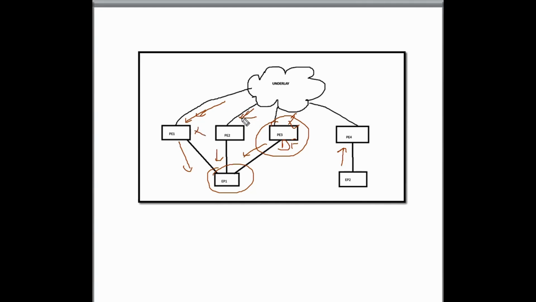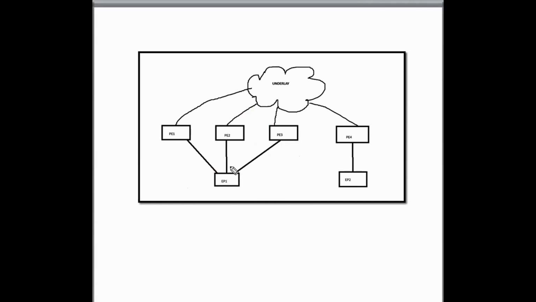Likewise, PE2 will do the same thing and drop that packet, which will prevent a loop in the network. The designated forwarder, which is PE3 in our topology, will forward that traffic towards endpoint 1, preventing endpoint 1 from receiving multiple copies of the same broadcast packet.